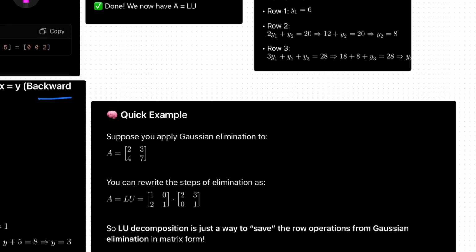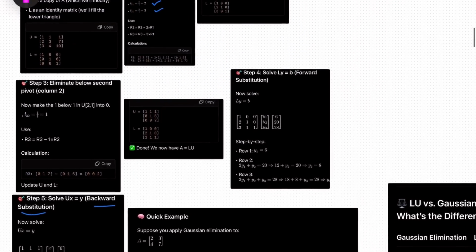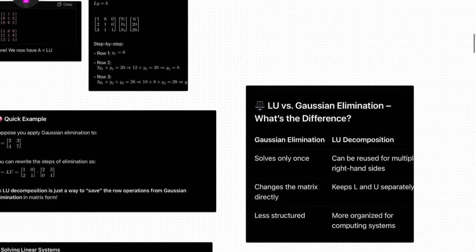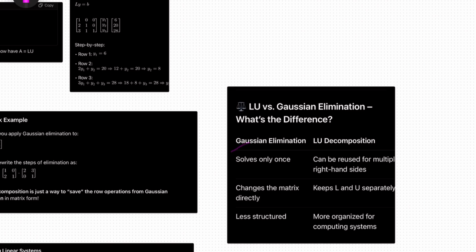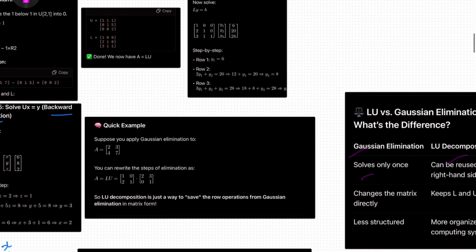Now again y2: 2y1 plus y2, y3 is 0, so that is equal to 20. You substitute y1 as 6, this becomes 12, and y2 becomes 8.